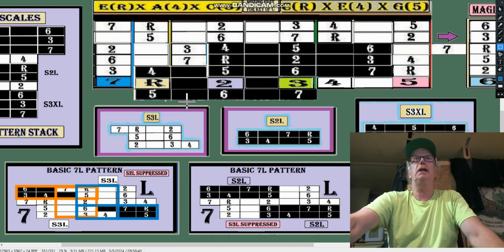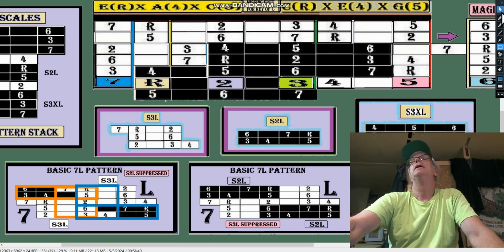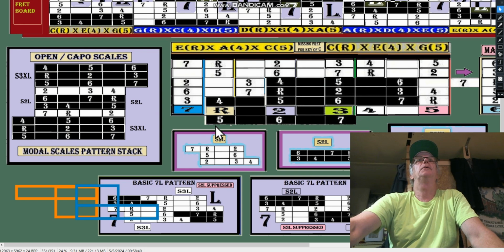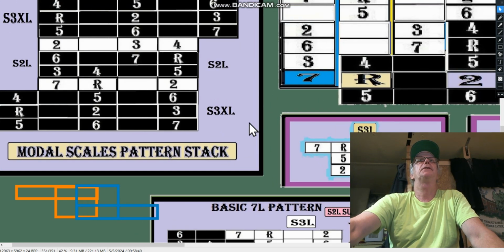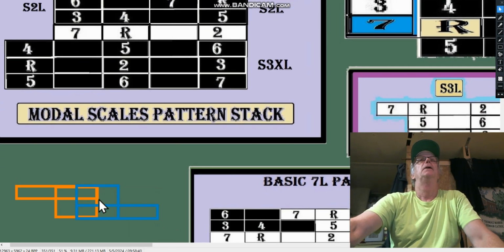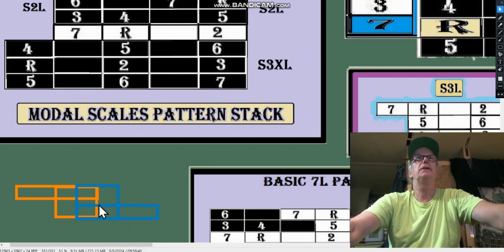I'll actually zoom out the chart from cursor mode. Okay, and we'll actually be able to see that 7L there. There's our 7 and there's our L. Isn't that nice?